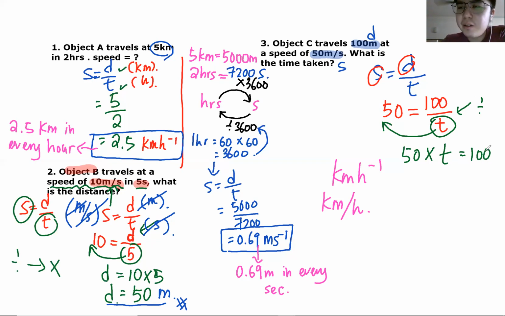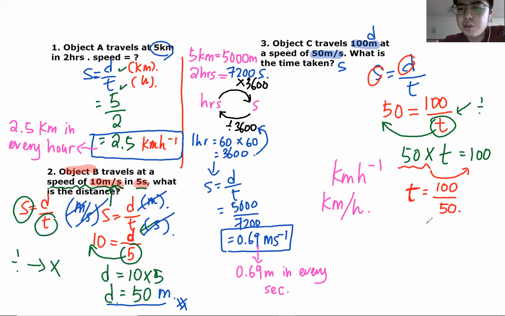And then you want to move this 50 to the other side here. So t equals 100 divided by 50. You see how I changed the formula. I only get time on one side of the equation, just t alone. Other values you have to move to the other side.